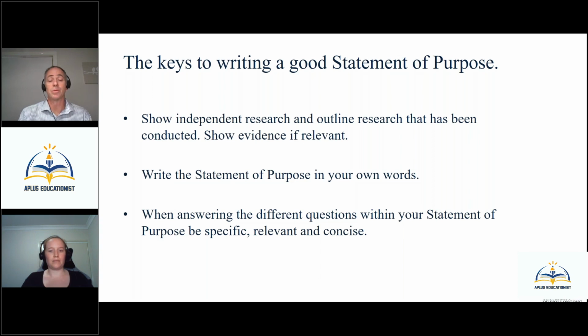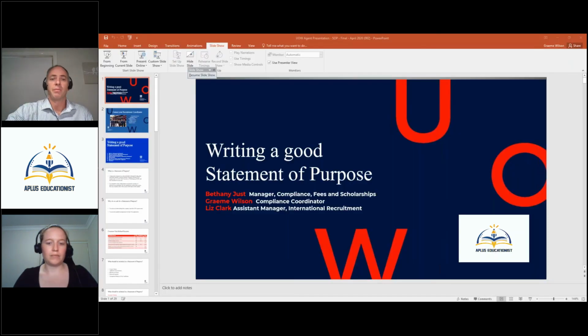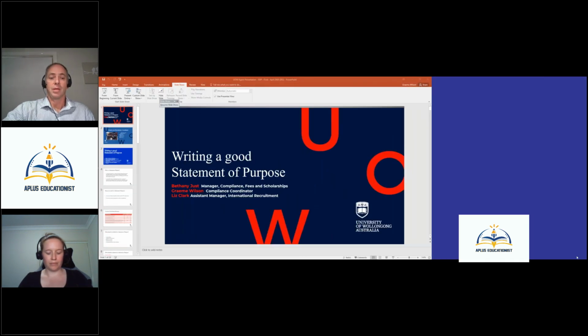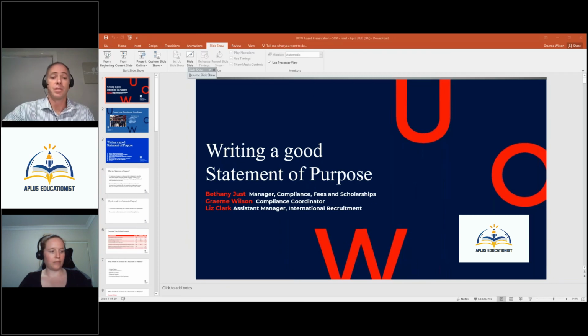So the ability to write specific information in a statement of purpose is critical and important to us, not only to achieve a good outcome for the student, but also to help clear the GTE condition and improve our turnaround times.